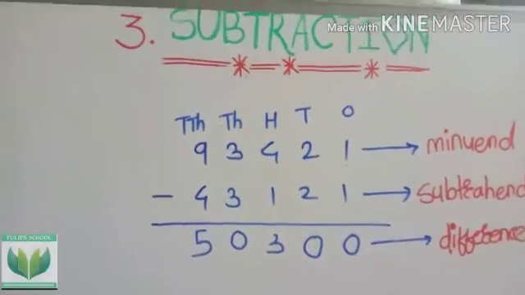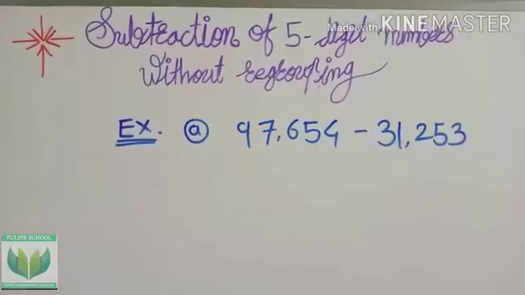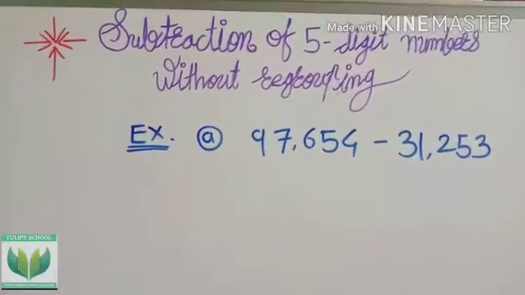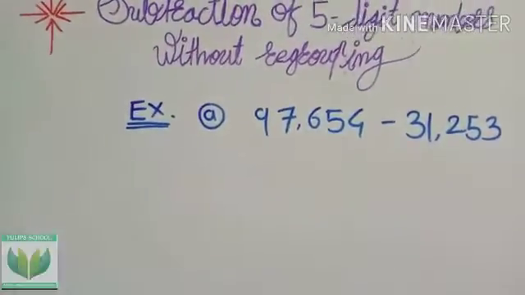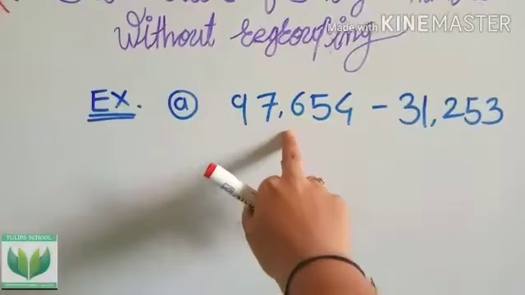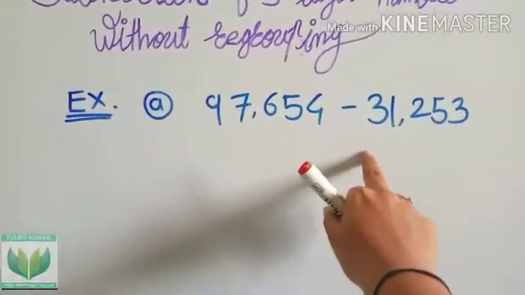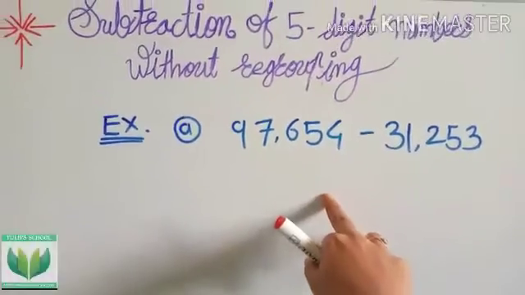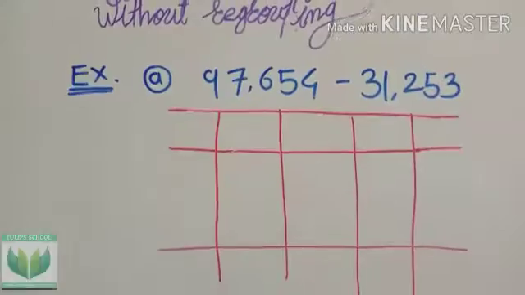Now let's see subtraction of 5-digit numbers without regrouping. Here I wrote an example: 97,654 minus 31,253. Now we have to solve this subtraction without regrouping.